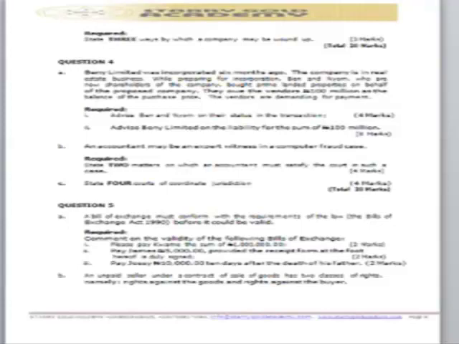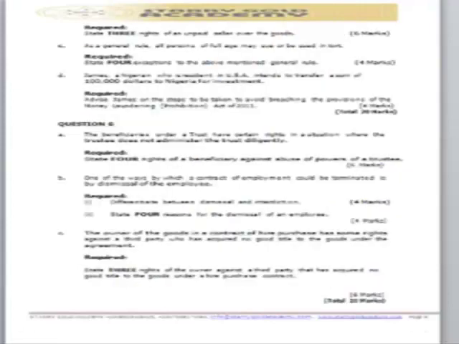It says an unpaid seller under contract of sale of goods has two classes of right, namely right against the goods and right against the buyer. Yes, that is true. Look at the question.